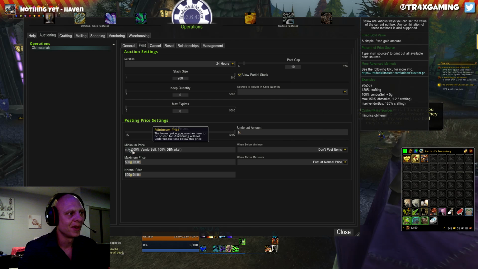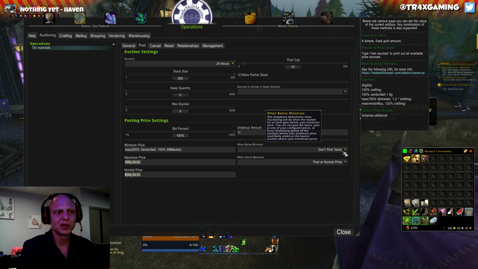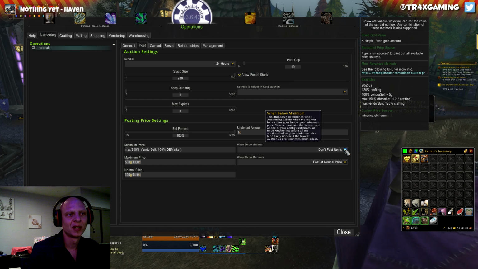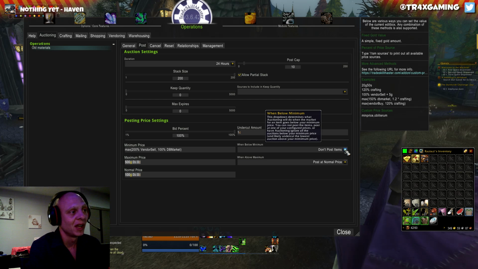Now we also have a maximum price and a normal price. But right now, next to minimum price, we have when below minimum price, don't post items. Well, what if there's only one auction below that value? And the person who is going over to the auction house needs like 500 linen cloth.